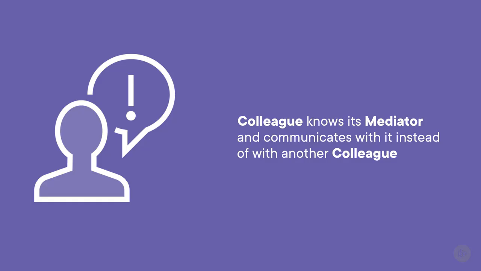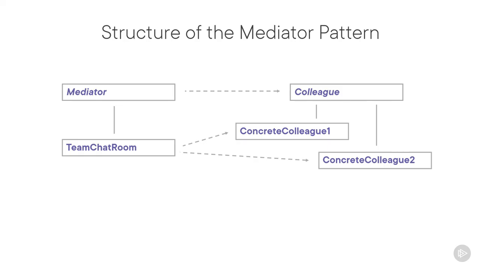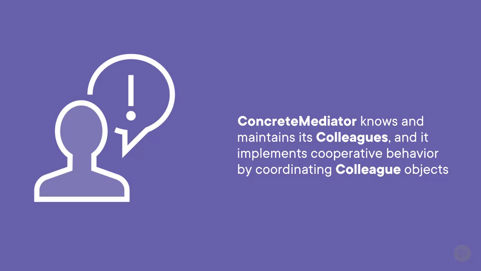They know their mediator and they communicate with it when they would have otherwise communicated with another colleague. Lastly, we have the concrete mediator, our team chat room. This derives from mediator. It knows and maintains its colleagues, and it implements cooperative behavior by coordinating colleague objects. It thus routes messages between them.